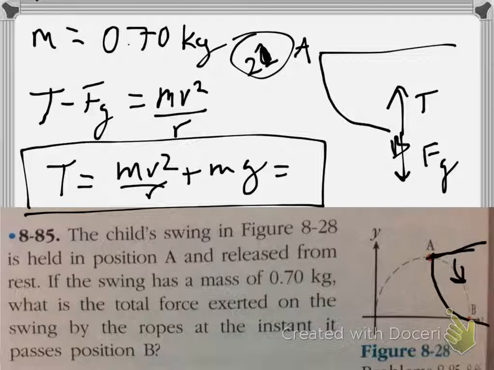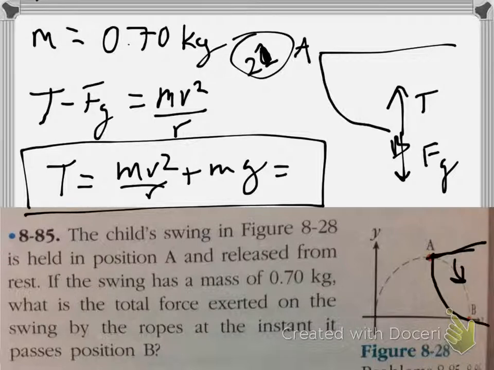According to them, if you do that you'll get mg plus mg, which means 2mg, and that would be 14, but their answer is 21, which means v squared over r for them has to equal 2g.